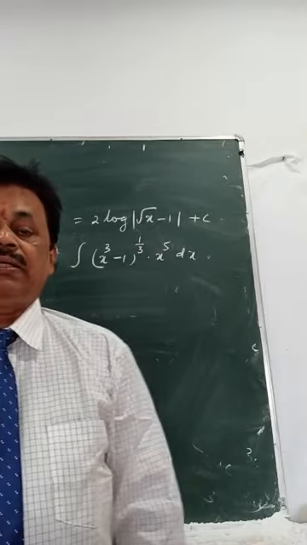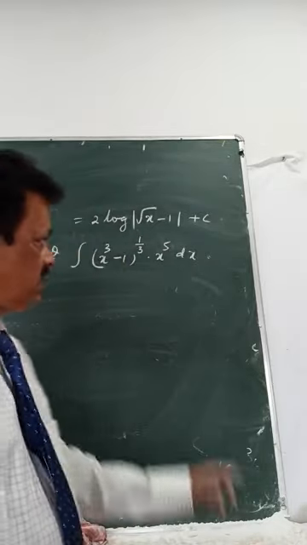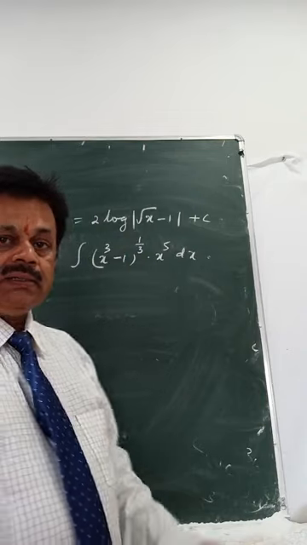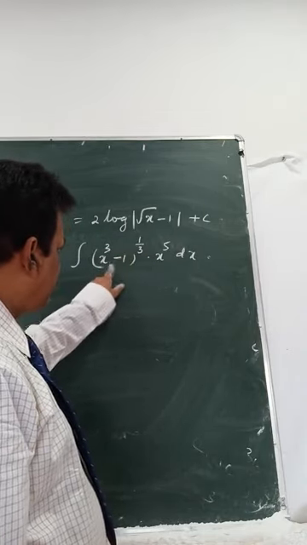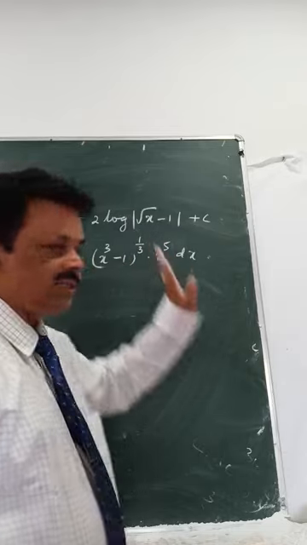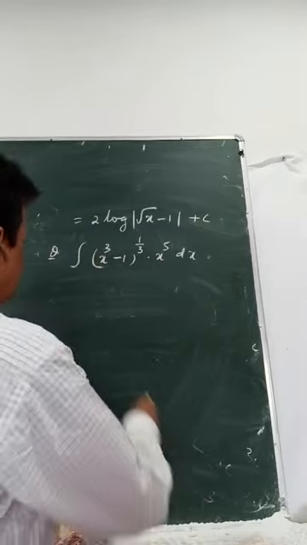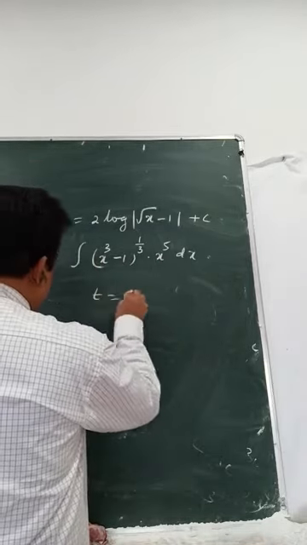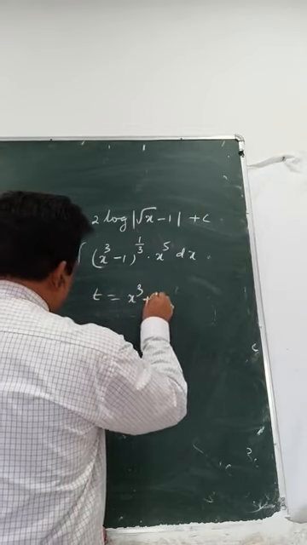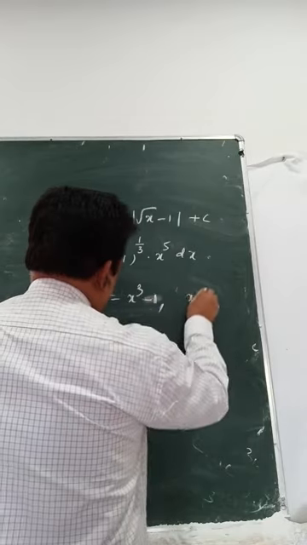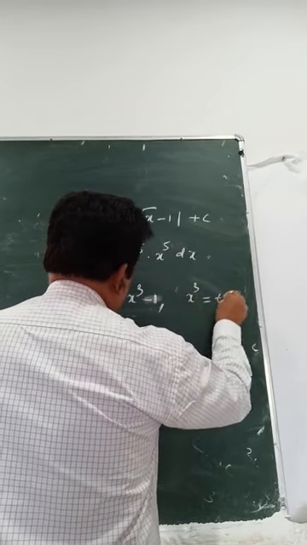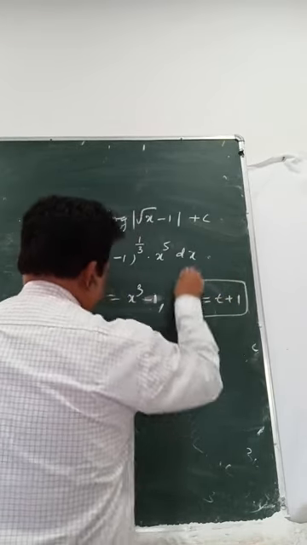Then what to do? A substitution here. So try to see the complicated part. This is our complicated part. If I take this without the power, I may get a relation here. So how? Now t equals x cube minus 1. Let me write down what x cube is: t plus 1. Let me keep this one here.